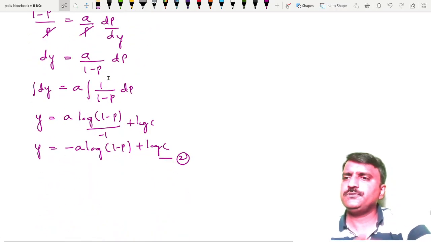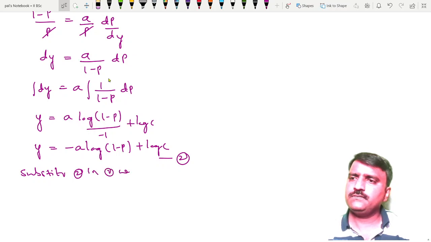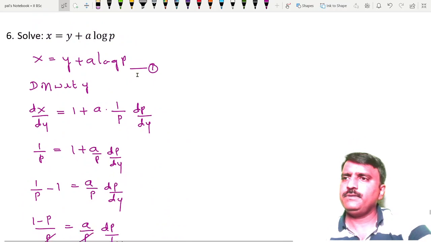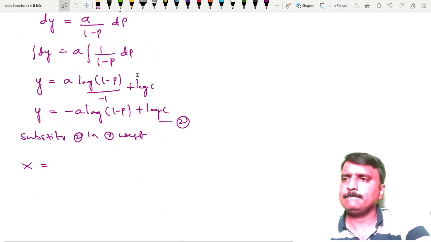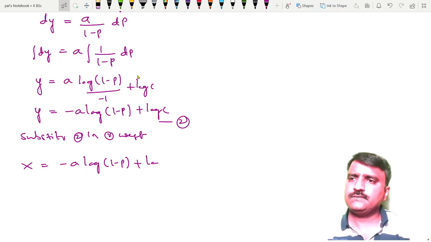Okay, so substituting 2 in 1, we get x is equal to y plus a log p. y is minus a log of 1 minus p plus log c, plus a log p.